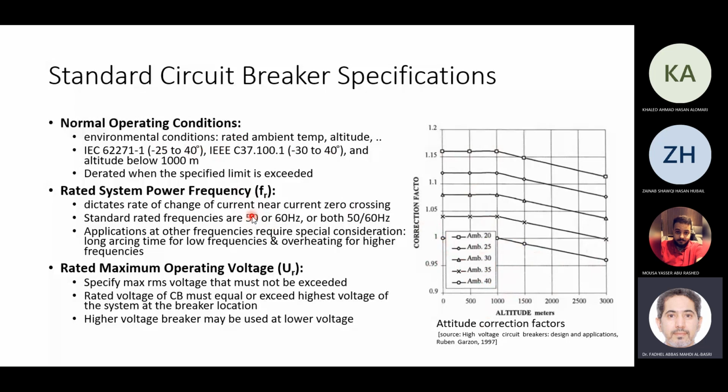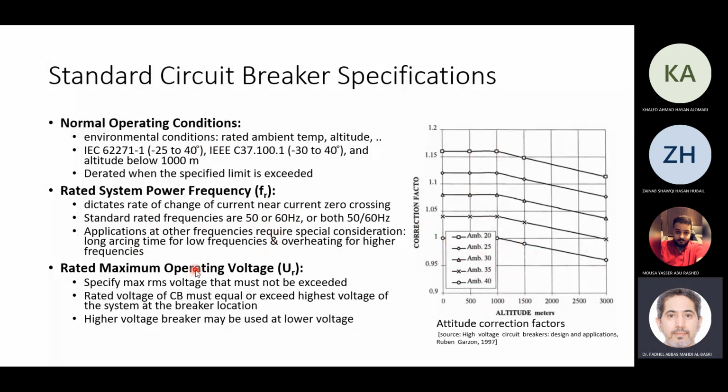That will delay the breaker operating, so we will have a longer arcing time. Some manufacturers already specify that the breaker is for both 50 and 60 hertz, and there is no concern in this case. You have to look at this if you want to use a breaker for non-standard frequency values.